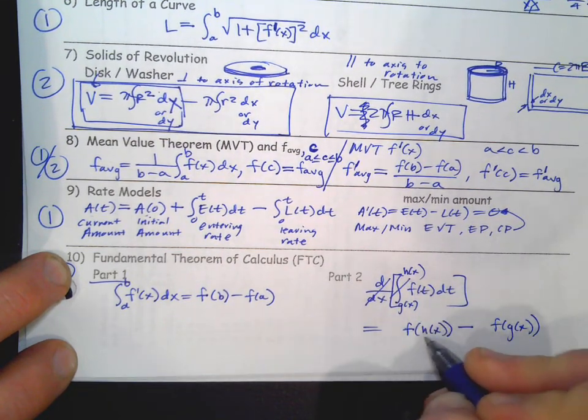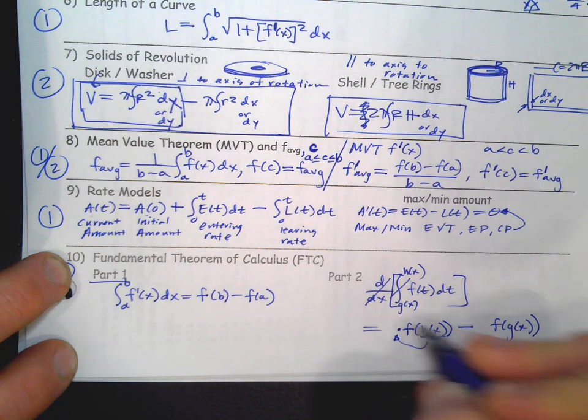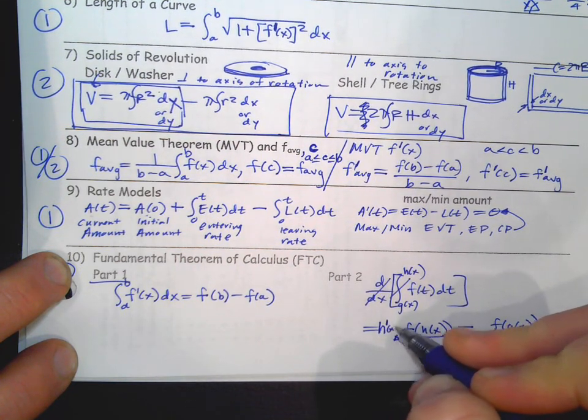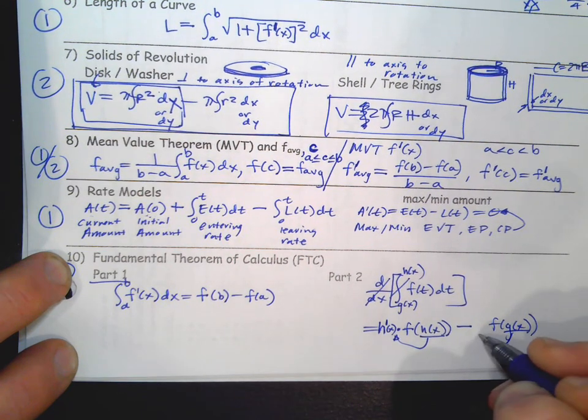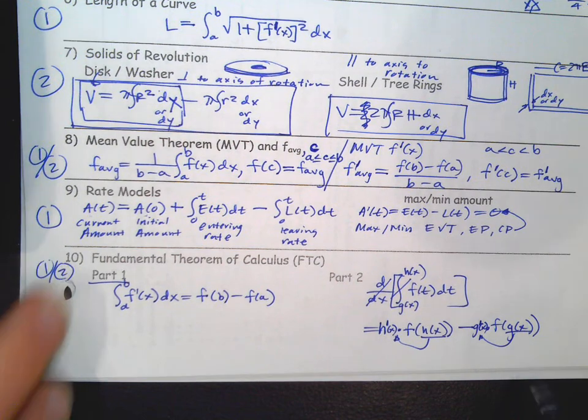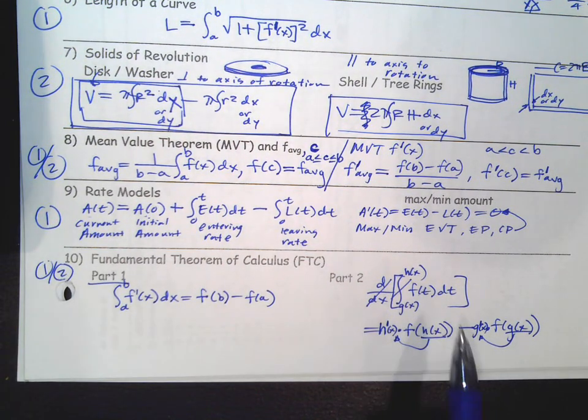The derivative of what you plugged in has not been taken yet, and it's an inner function, so it's a chain rule issue. So make sure you multiply by the derivative of what you plugged in, only what you plugged in, because usually there's a much more complicated expression here, and everything's taken care of except for what you plugged in. So that's fundamental theorem of calculus part 2.